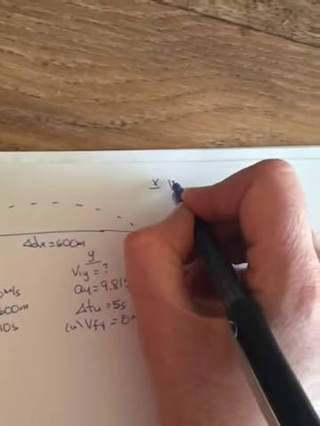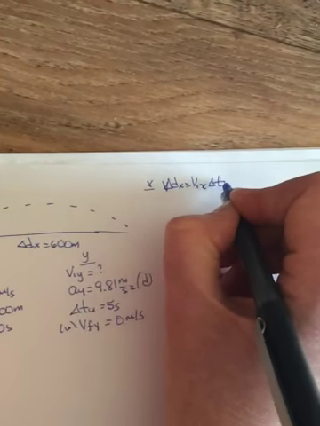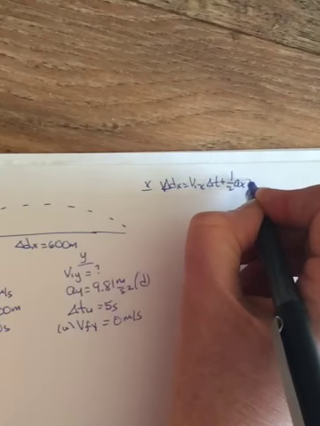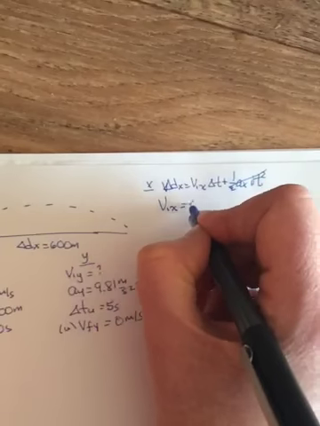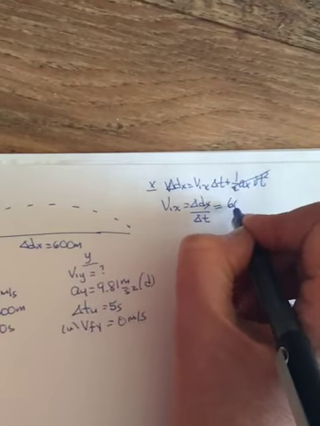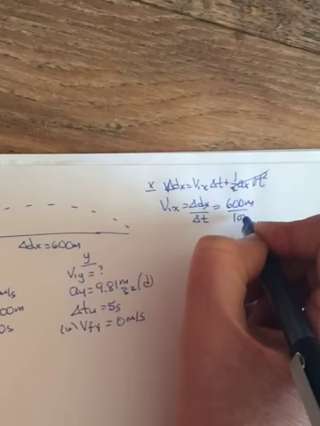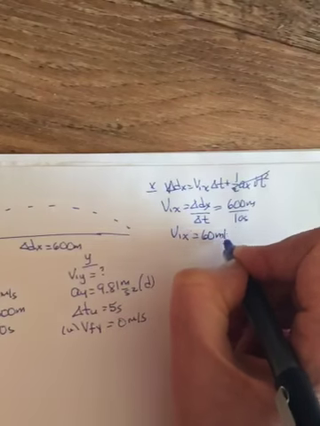In the x direction, delta dx is equal to vix delta t plus 1/2 ax delta t squared. This goes to 0. vix is just delta dx over delta t, so 600 meters over 10 seconds. vix is just 60 meters per second.